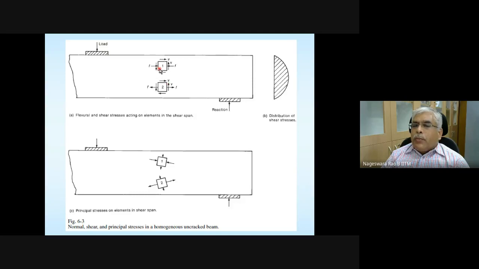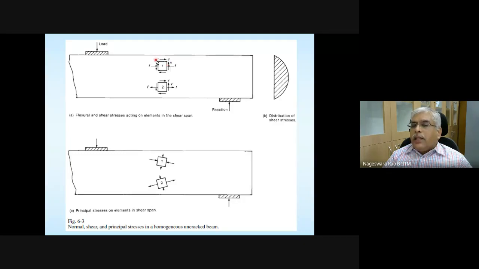Here two small elements are shown. One element is taken above the neutral axis, and another element is taken below the neutral axis, assuming the neutral axis to coincide with the mid depth of the section, because this is a homogeneous uncracked beam. Now for element 1, what is the shear stress acting?